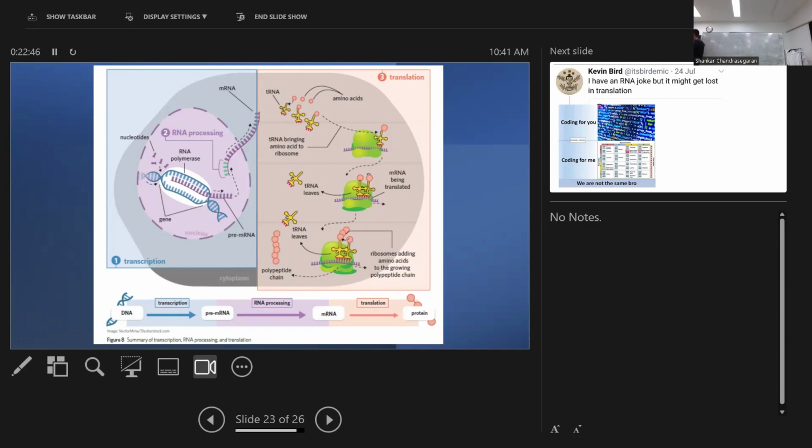Okay, when the right tRNA binds, that carries the anti-codon for the start codon, which is what? UAC. So a tRNA molecule that has this anti-codon will have to bind to the start codon.